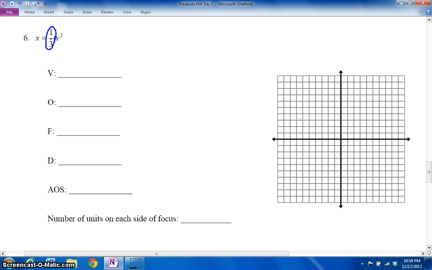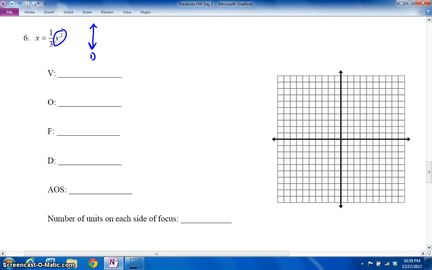So, just as before, we're going to notice which term is squared, which is the y in this case. And a quick sketch again, since the y term is squared, the parabola will have a vertical directrix. Okay? And it's going to open either to the right or the left.